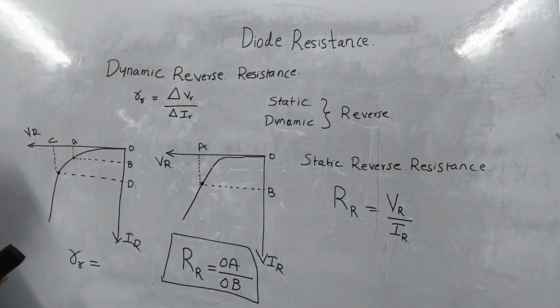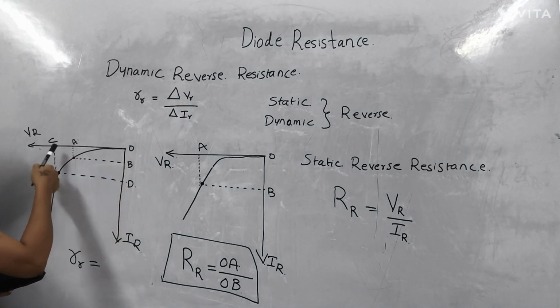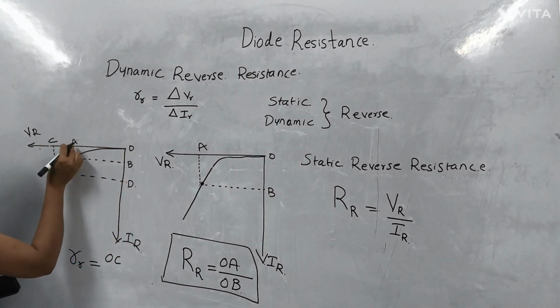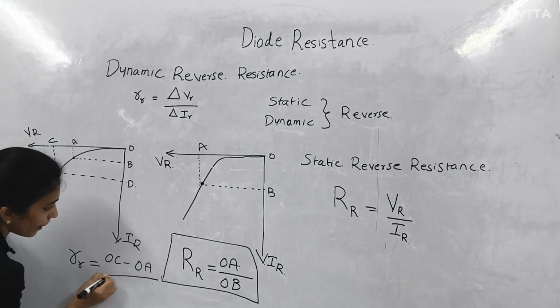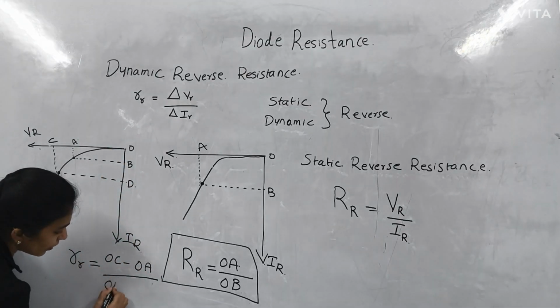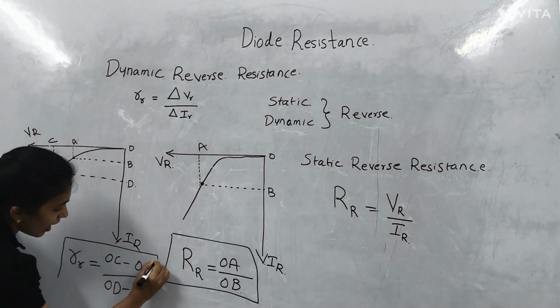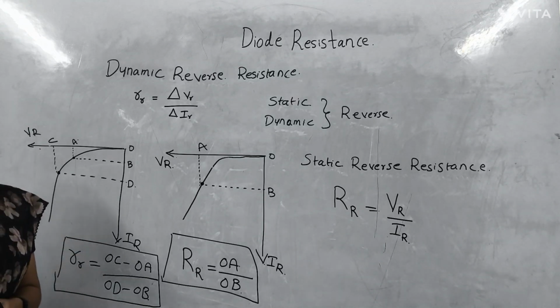Voltage is on the x-axis, so the change in voltage is OC minus OA, divided by OD minus OB. So this is the formula for dynamic reverse resistance from the graph.